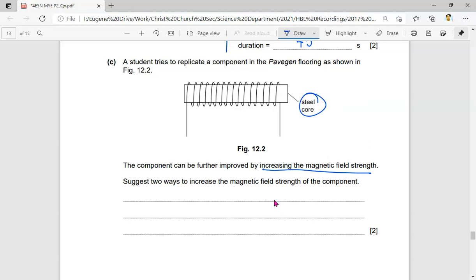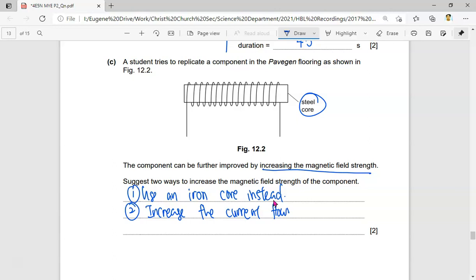Look here, this is a steel core. Generally, to increase the magnetic field strength, I shouldn't use steel. I should use an iron core. So the first thing I can do is use an iron core instead. Second thing I can do is increase the current flowing through the coil.